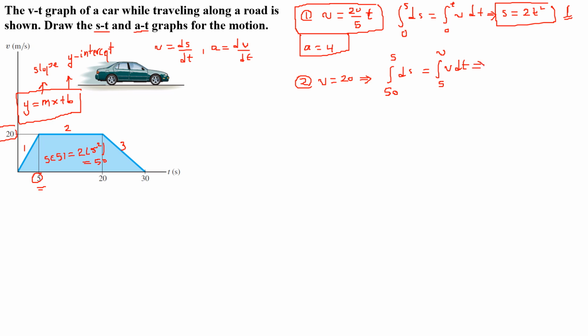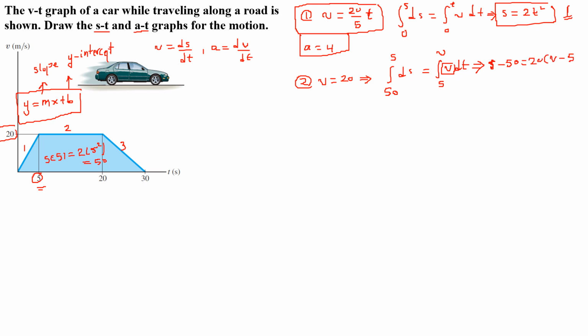Now doing this simple integration, you will get S minus 50 equals V, which is 20, times t minus 5.